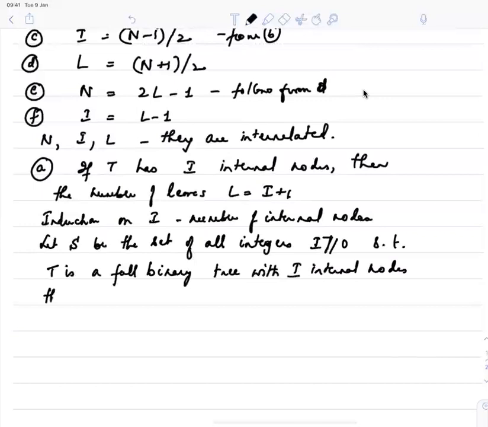Then T has I plus 1 leaf nodes. Okay, so the base case.